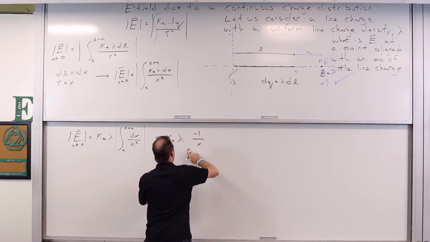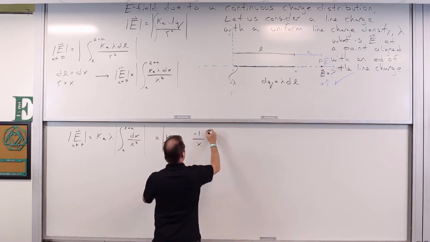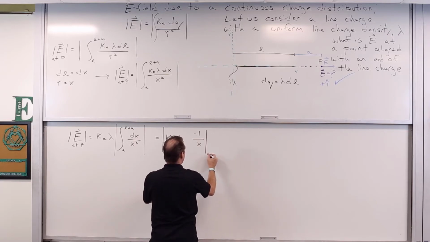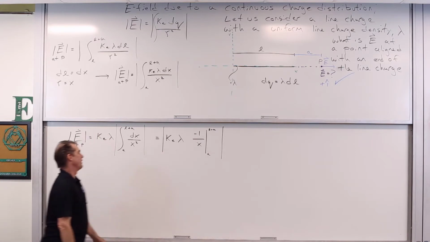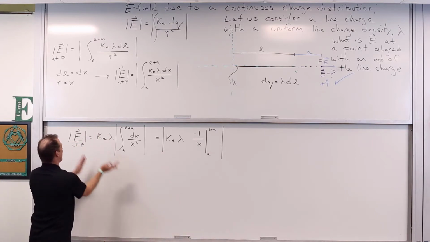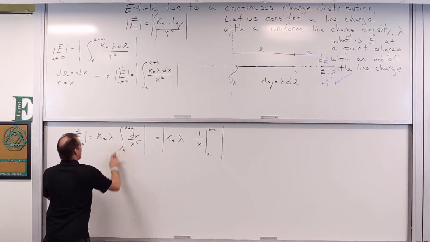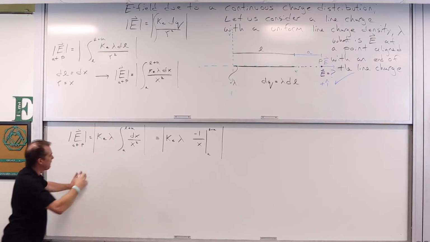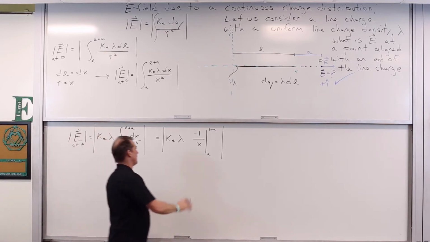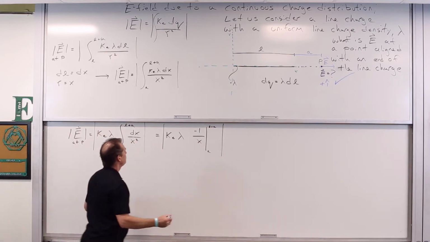Let me put the absolute value out, the whole thing, so this doesn't get confused. Evaluated from a to L plus a, close the absolute value. Didn't really need to take that out, we can keep it in. It's probably for the best, in case lambda is negative. Anyways, this is what we've got.